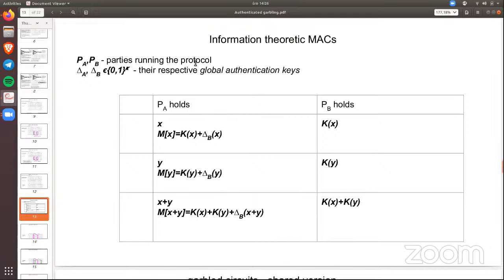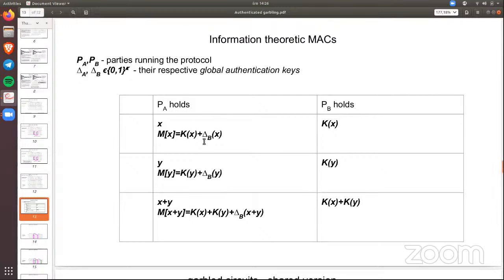So if PA holds some value, then we want PA to hold also a message authentication code for this particular value. And in this scenario, we want it to be in the form of some one-time key, K, and some global key known to PB, delta B. Both of these keys are known only to PB.